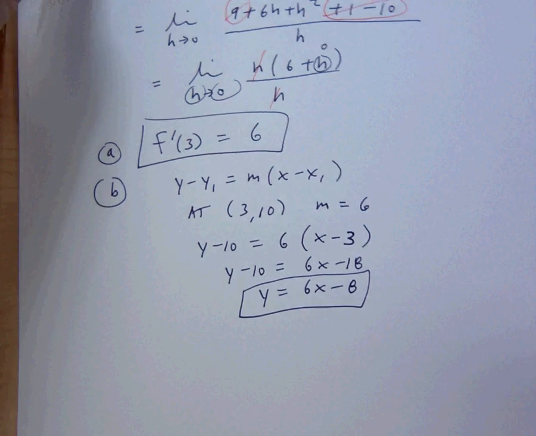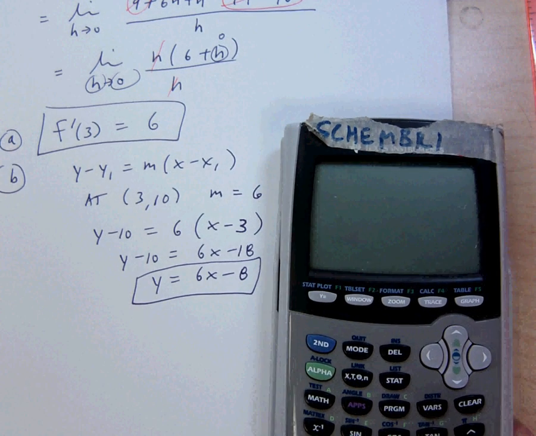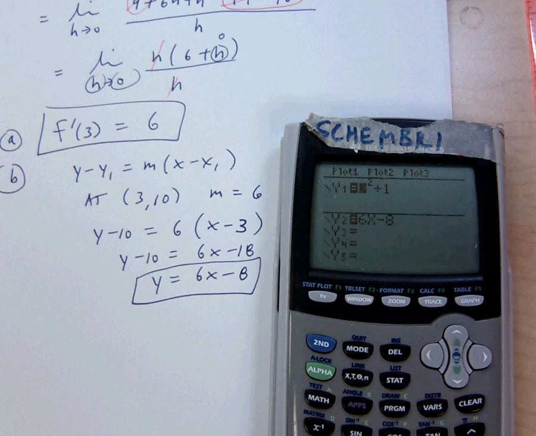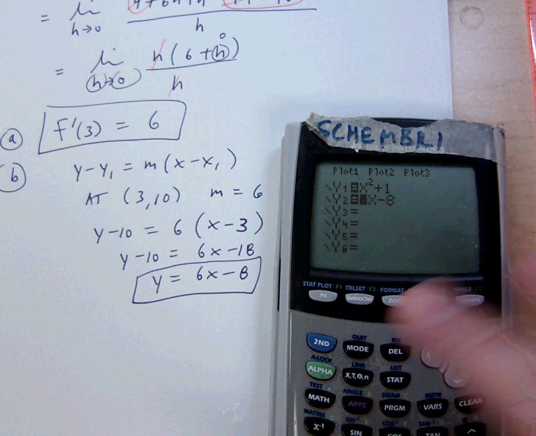So watch this, guys. If I graph the original function, y equals x squared plus 1, and at the same time graph y equals 6x minus 8, this is what I get. I already played around with the window.